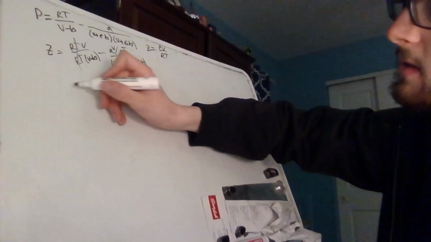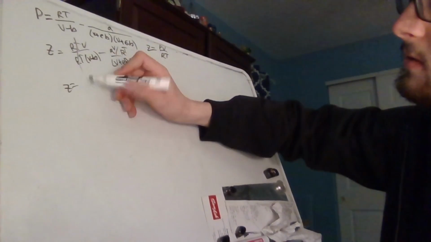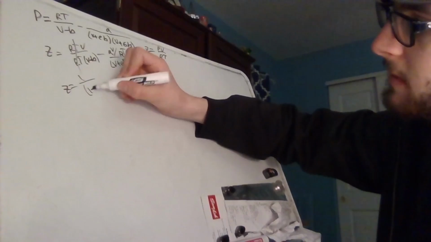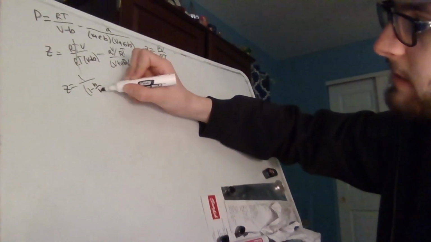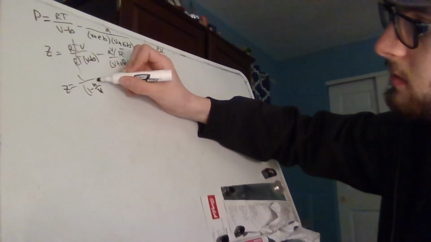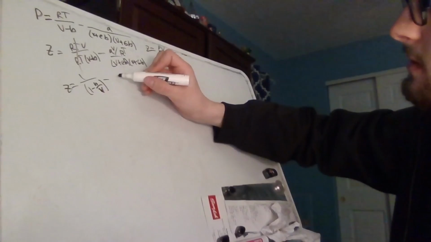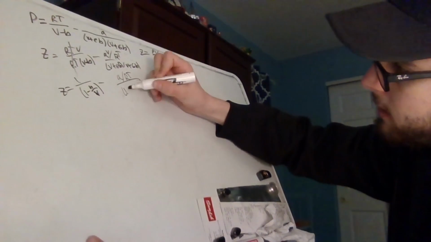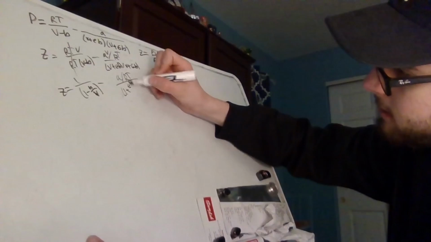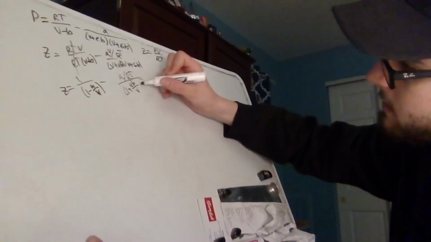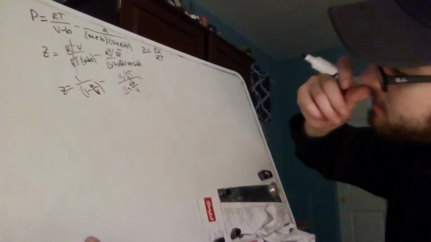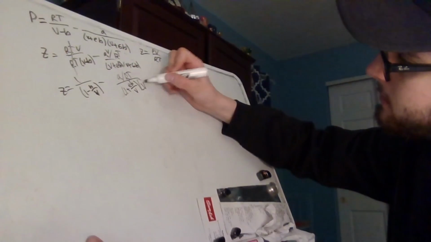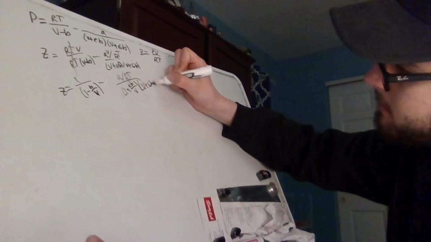So that way it becomes Z is equal to 1 over 1 minus b over V. Or actually, we're going to divide everything by V, minus a over RT over 1 plus epsilon b over V, with b being the excluded volume and V being the specific volume, times V plus sigma b.